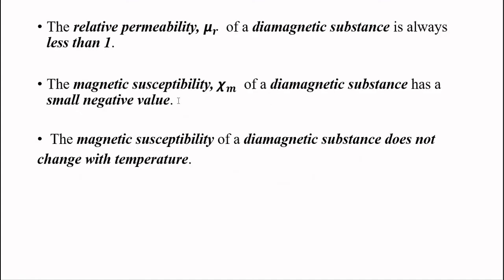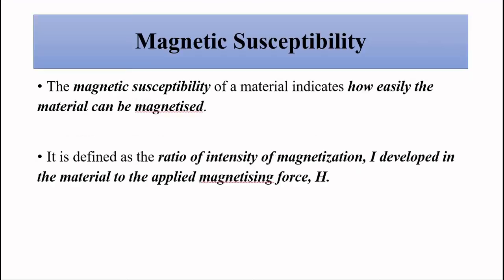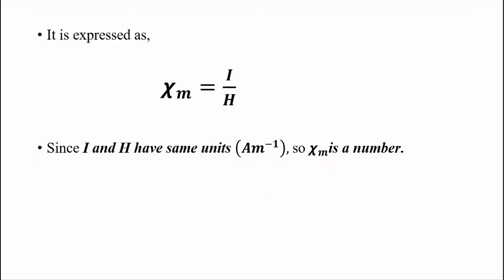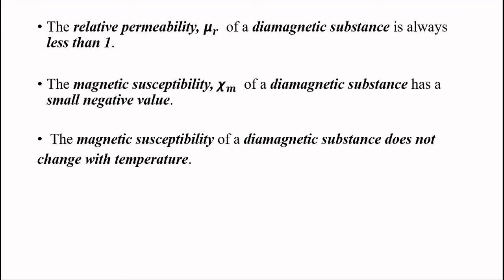Next is susceptibility. It is the relative ease with which a material gets magnetized, that is, the ratio between the intensity of magnetization and the magnetizing force. So the susceptibility of a diamagnetic substance has a small negative value.